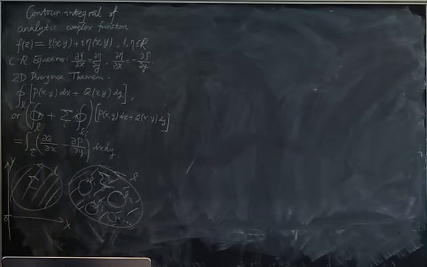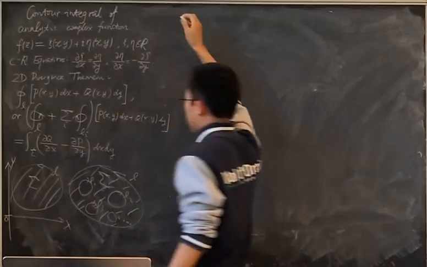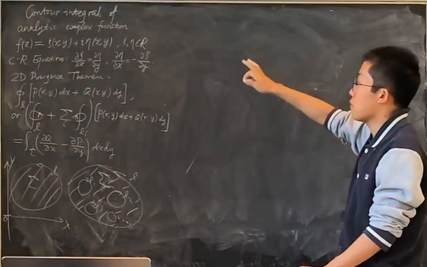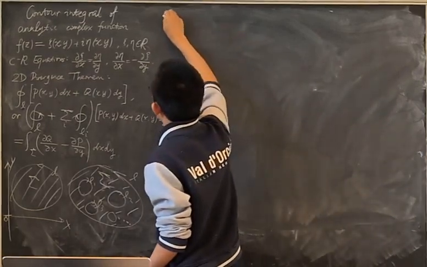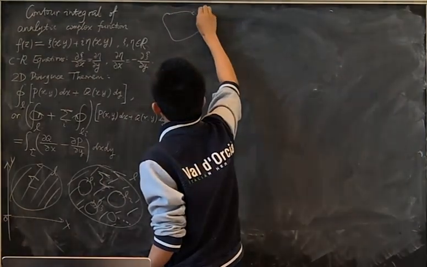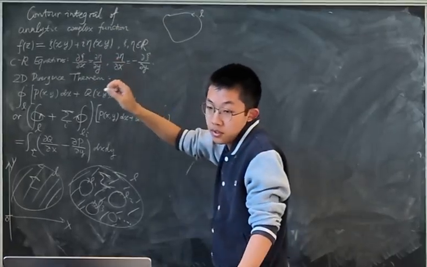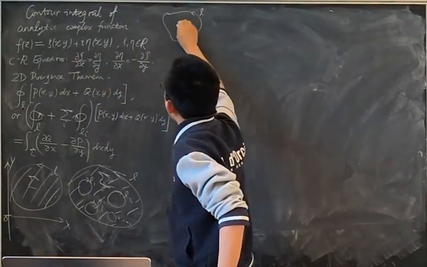Okay, so let's apply all these to the integral of a complex function. Think about whatever loop it is, which encloses an area sigma.